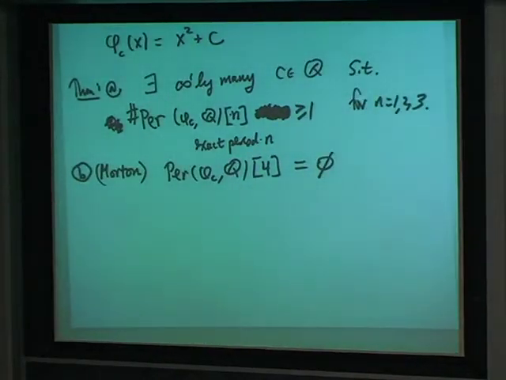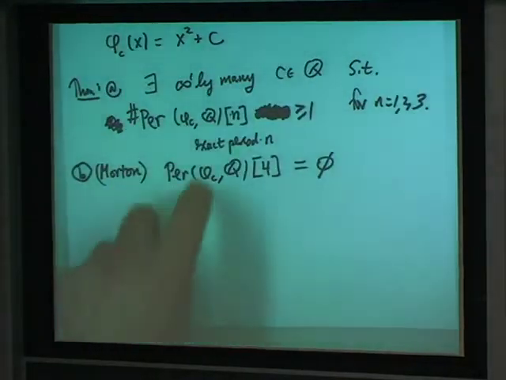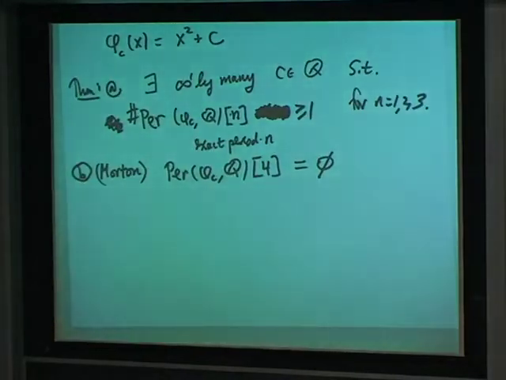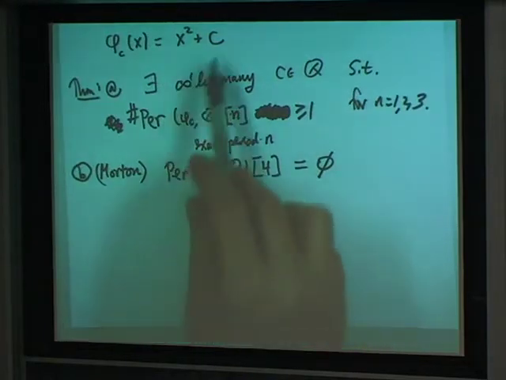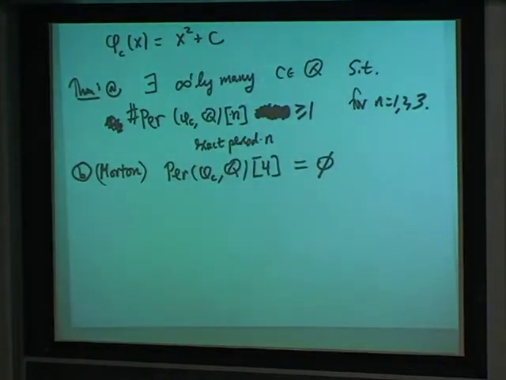So there are no rational c's for which a quadratic polynomial has a rational periodic point of exact period 4. And the proof reduces it to showing that a certain elliptic curve has only finitely many rational points, and they correspond to c equals 0, c equals infinity, which doesn't count. Okay?